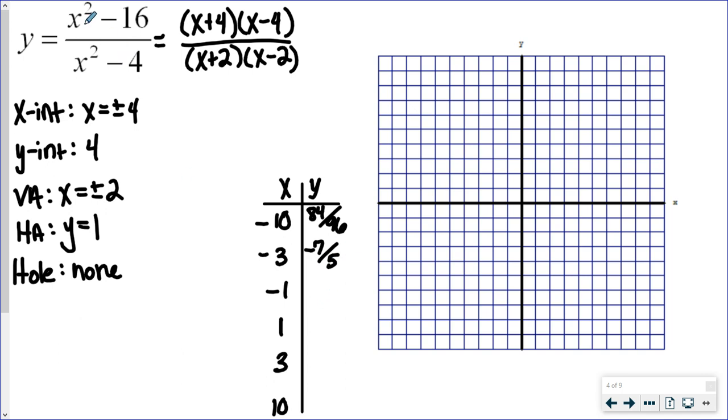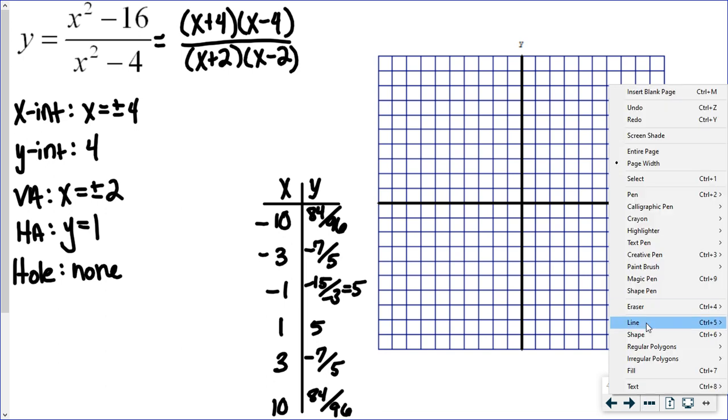Plug in negative 1. 1 minus 16 is negative 15, over 1 minus 4 is negative 3, so that's just 5. Now the great thing about these three, they're all the same, and the reason why is because there was no b term in these quadratics, right? And of course, whenever you square a number, it doesn't matter whether it's positive or negative. So these will just kind of mirror each other. So 5, negative 7/5, and 84/96.